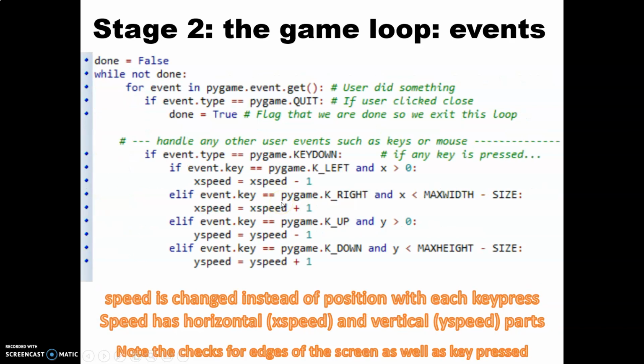Next, we created our game loop, and inside our game loop, as well as the option of quitting, we have keys to speed us up and slow us down in the horizontal and vertical directions. And we have checked and capped them to prevent us from speeding up or slowing down when we are at the edges of the screen.